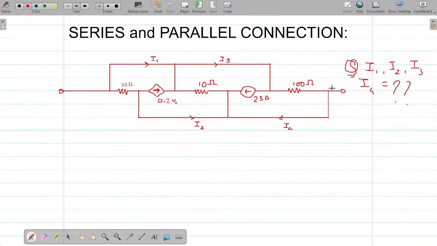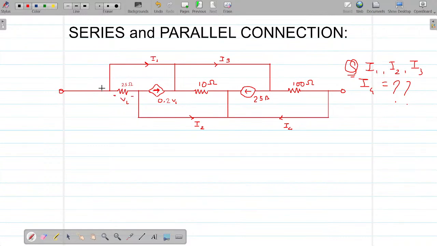No. The answer is no. There are no two, because look at this node. This is V1, I have missed out writing it. This is a voltage dependent current source, and the voltage is V1, the potential across this resistor.